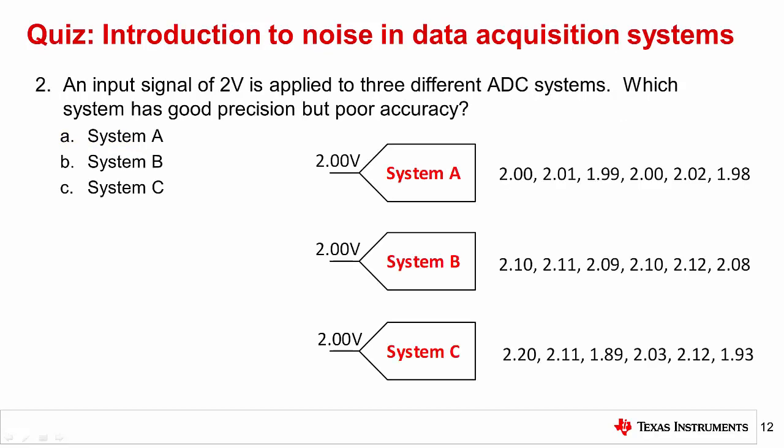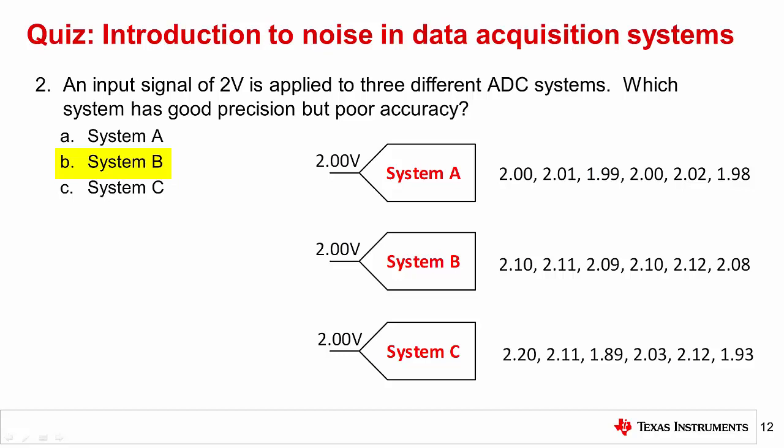Question 2. An input signal of 2 volts is applied to 3 different ADC systems. Which system has good precision but poor accuracy? The correct answer is B. Notice that B has values that are consistently near 2.10 volts. Since the output is fairly repeatable, it is considered to have good precision.